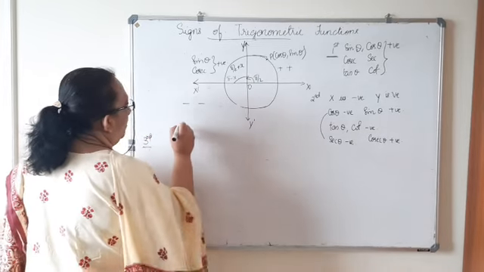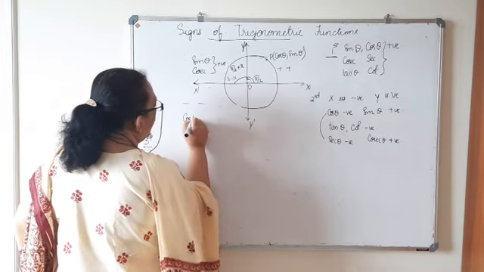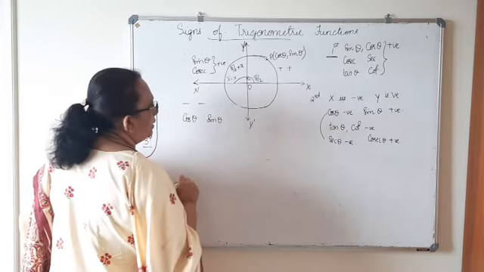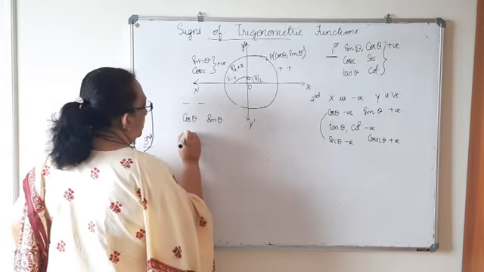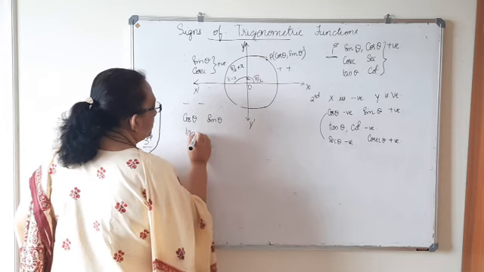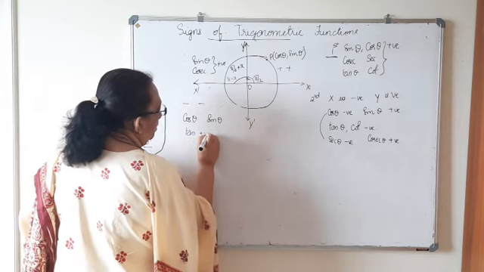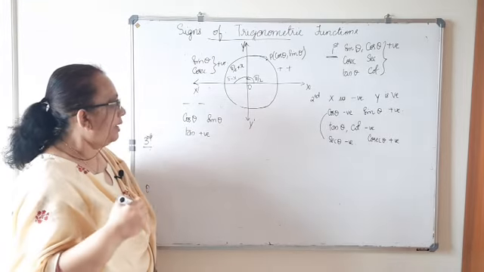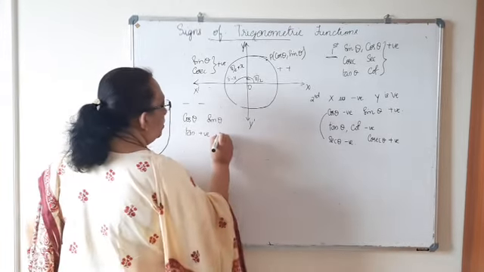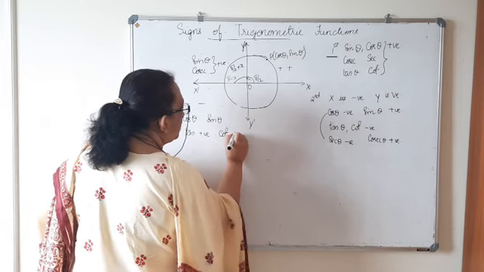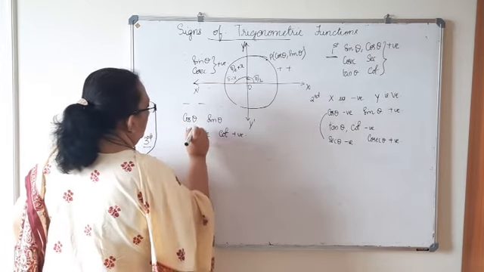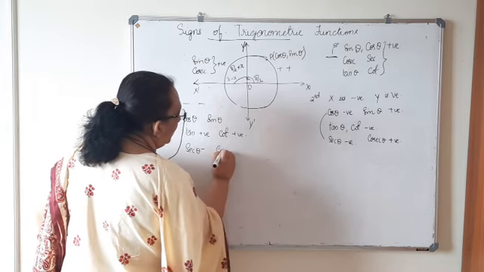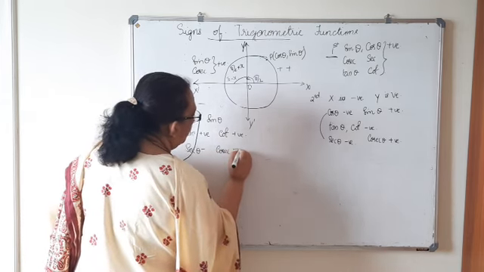So x is negative means cos theta negative, sin theta negative. Both are negative. So tan theta becomes positive, because tan theta is sin theta by cos theta, negative by negative, positive. So also cot theta becomes positive. But sec theta becomes negative and cosec theta becomes negative.